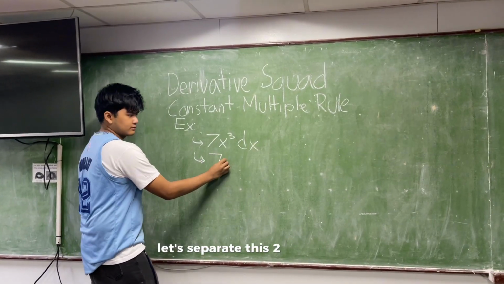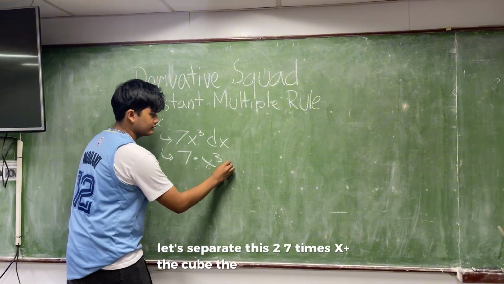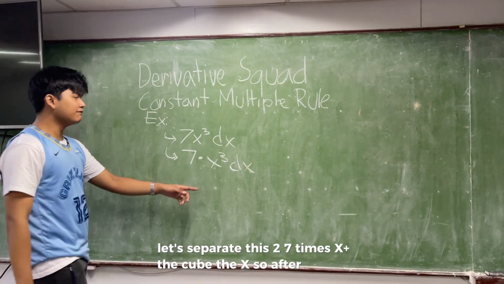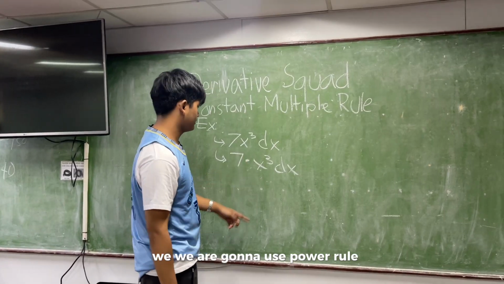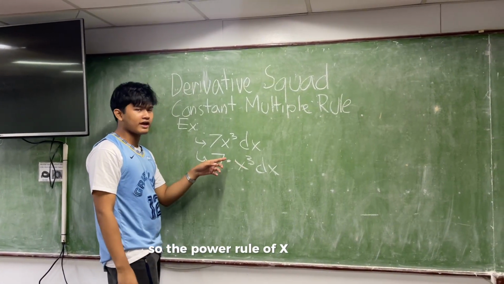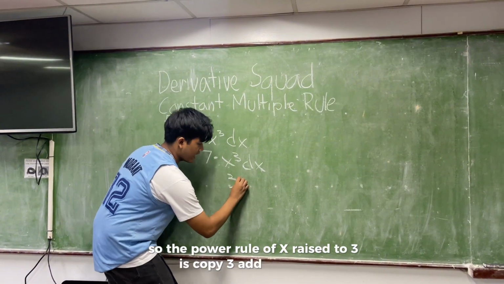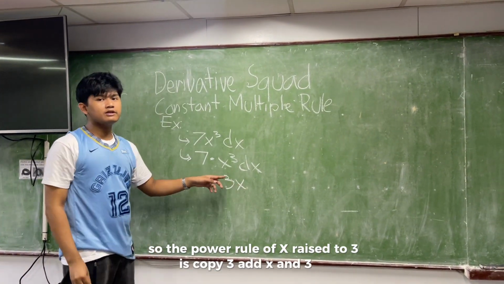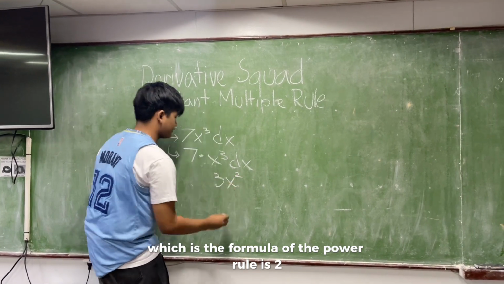Let's separate these two: 7 times d/dx of x cubed. After that, we are going to use the power rule. The power rule of x raised to 3: copy 3, add x, and 3 minus 1, which is 2.